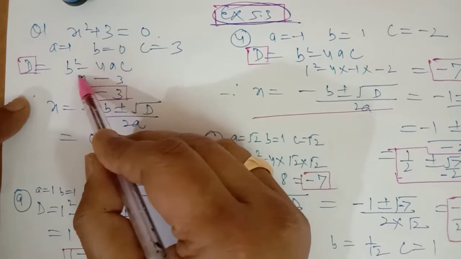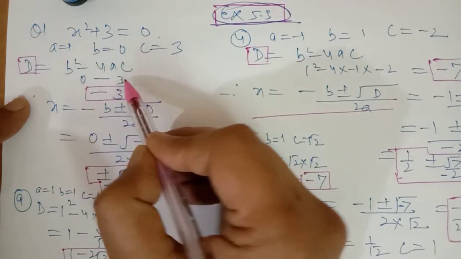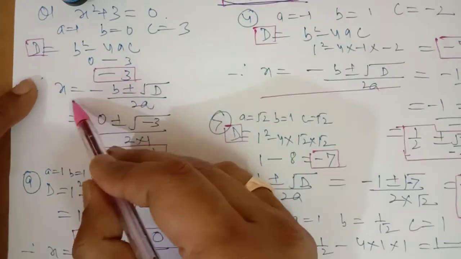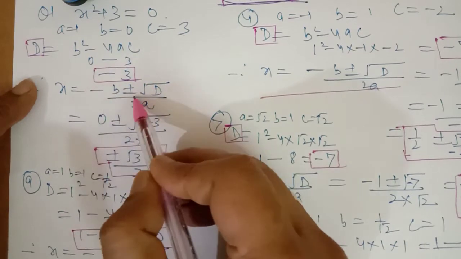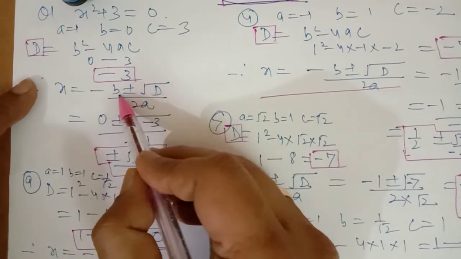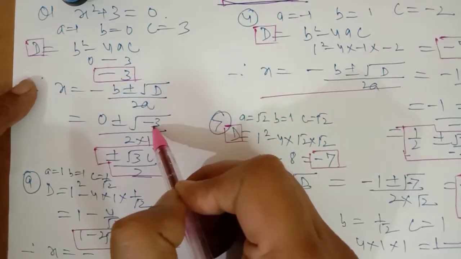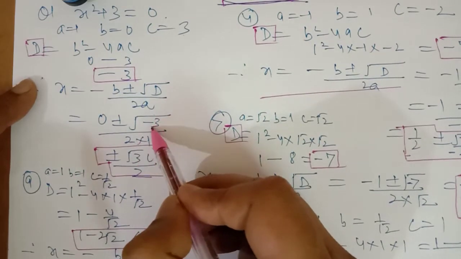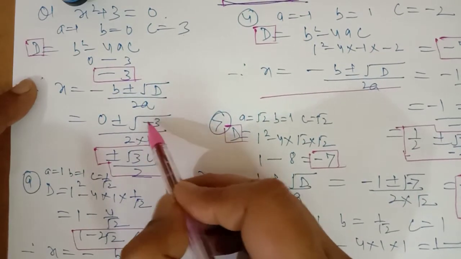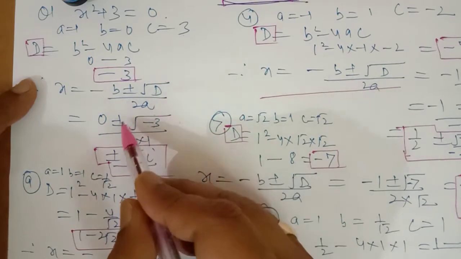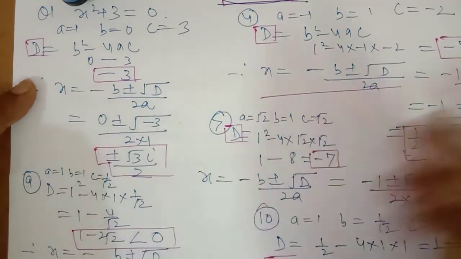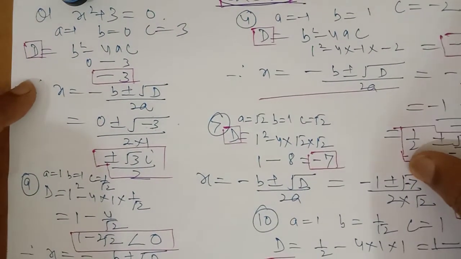The discriminant will be equal to b square minus 4ac, that is -3. So the roots will be minus b plus minus root D upon 2a. b is 0 here, root of -3, 2 into 1. Root of -3 will be equal to √3 i. So plus minus √3 i upon 2 is the solution of this quadratic equation.